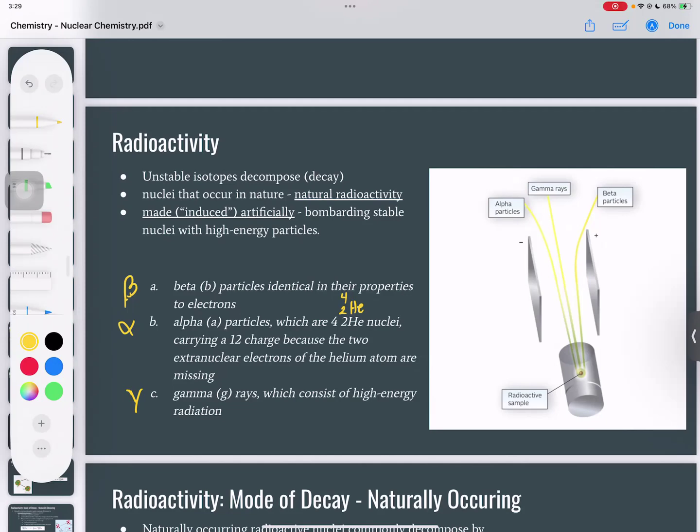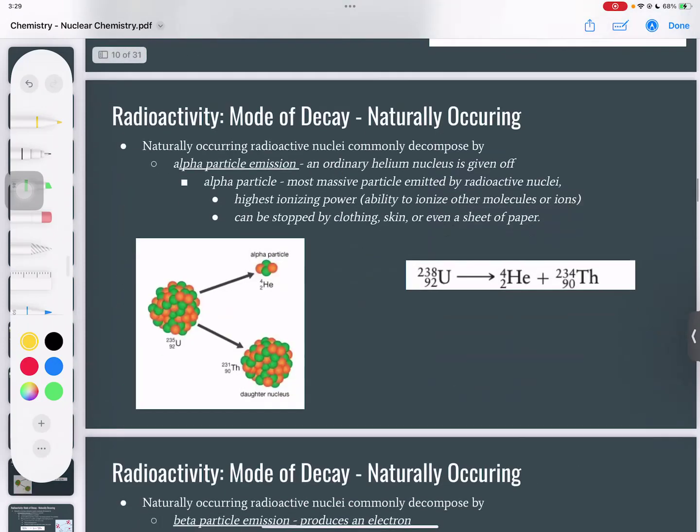Then, the mode of decay. So naturally occurring radioactive nuclei commonly decompose in a couple of ways. The first one is through alpha particle emission. So an ordinary helium nucleus, which is helium-4 with a positive charge of +2, is given off.